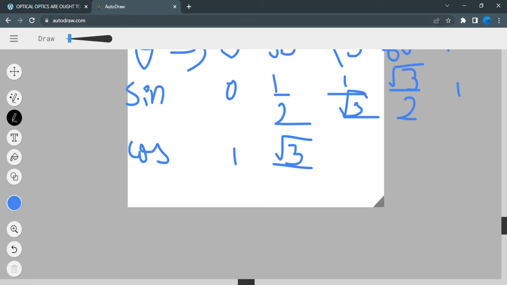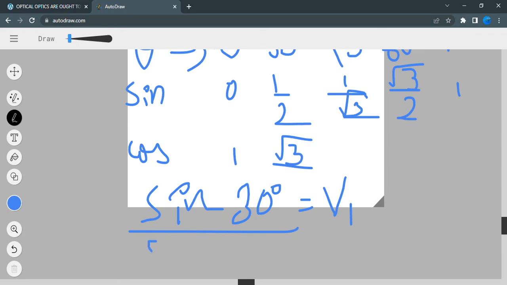So by Snell's law, sine 30 degrees upon sine 45 degrees is equal to V1 by V2.